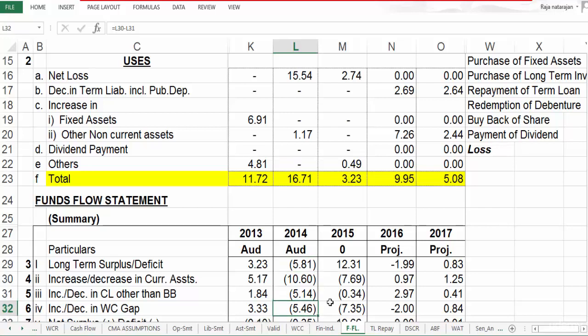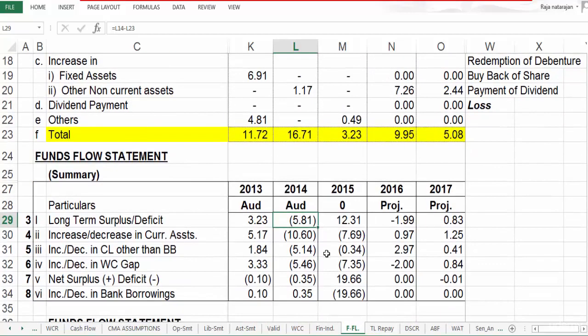What is the money available? 5.46. From where? From working capital. Reduction in working capital, right? This is used for funding the deficit in long-term sources. Now, despite this, there is a shortage of 0.35 crore. Or it is not a shortage. Let us understand it correctly. Look here. The money realized is 10.6.